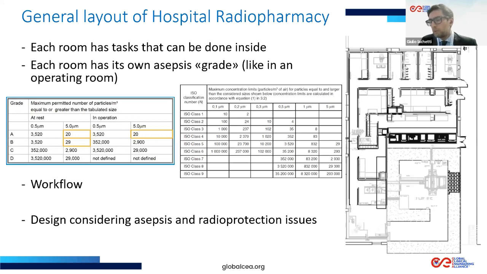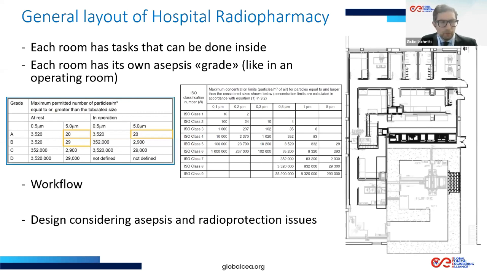For those who are more confident with the standards of the operating room, on the right part of this slide you can see the layout, but also the classification of the operating room.